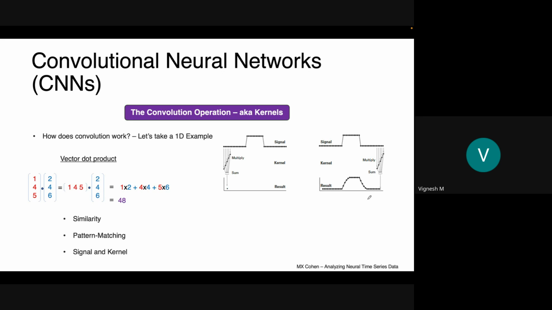Now, can anybody give me an observation of what the result is? Anything about the result that's peculiar for this particular signal and curve? The points are continuous as compared to the original signal.